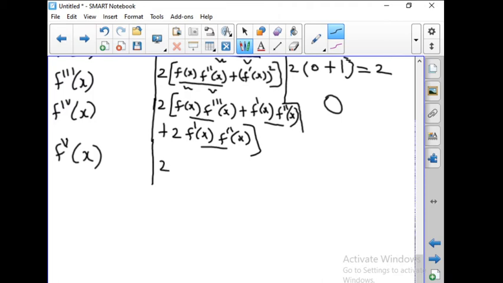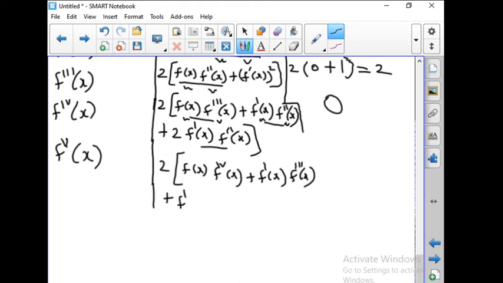அப்போ 2 into, இப்போ again uv method. அப்போ this is u and this is v. அப்போ what do you get? f of x into f4 of x plus f dash of x into f triple dash of x. இங்கேயும் 2 terms இருக்கு. So plus this you take it as u and this as v.